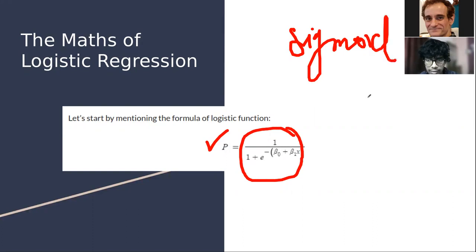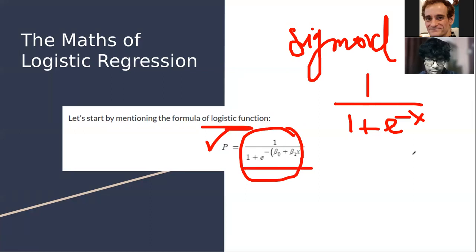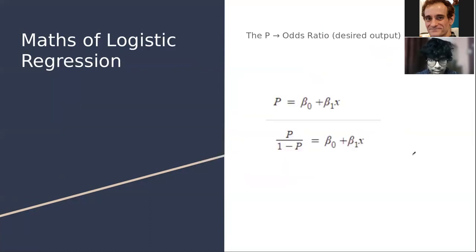What is sigmoid? 1 by 1 plus e to the power minus x. The very starting point of deep learning. When I take up deep learning with images, I'll also be discussing sigmoid, but this is the very starting point. So now we have this logistic function.